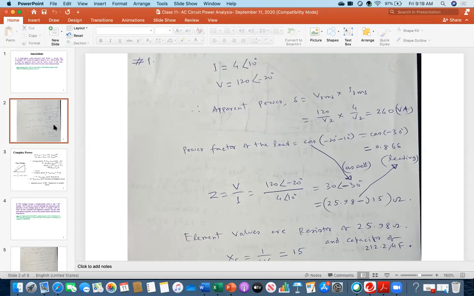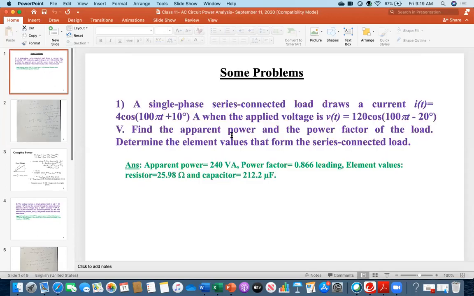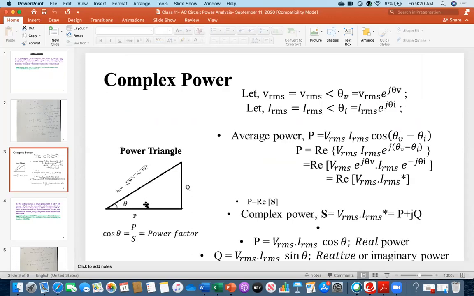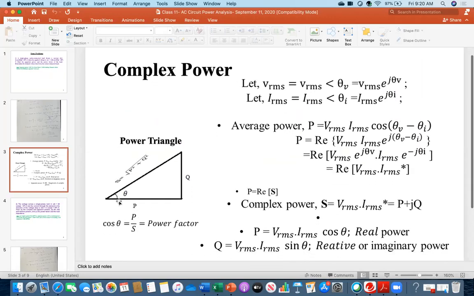Okay, so the second question, the first part is done. The second question was the power factor of the load. Find out what the power factor is. You know that power factor was our definition: cosine theta. This magnitude of cosine theta is called the power factor. And what is that theta?